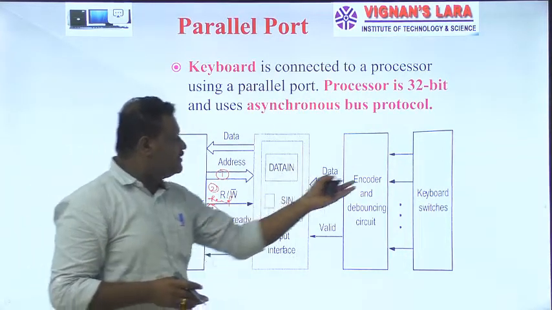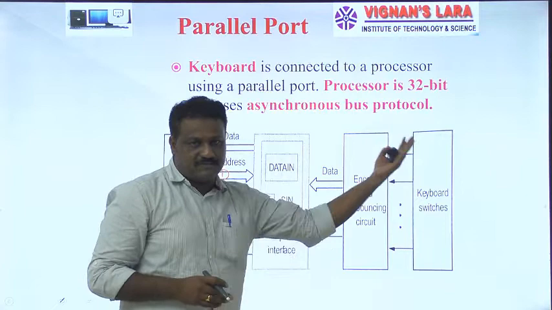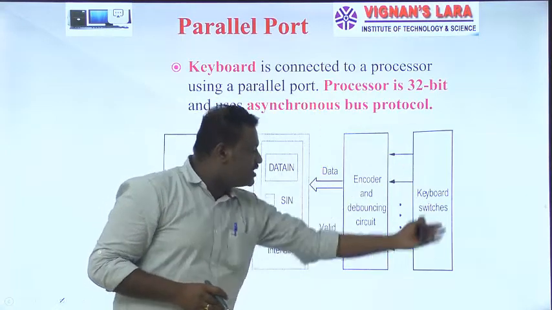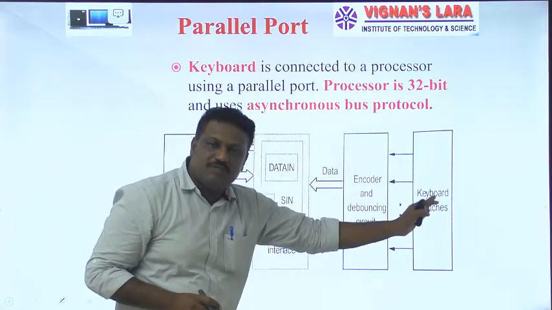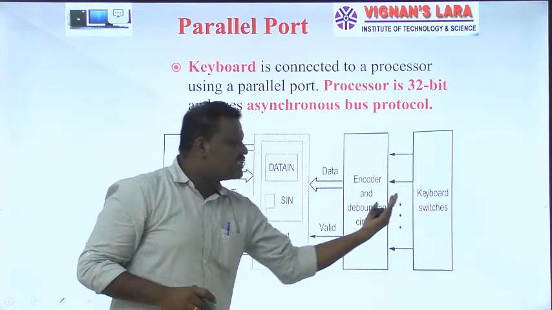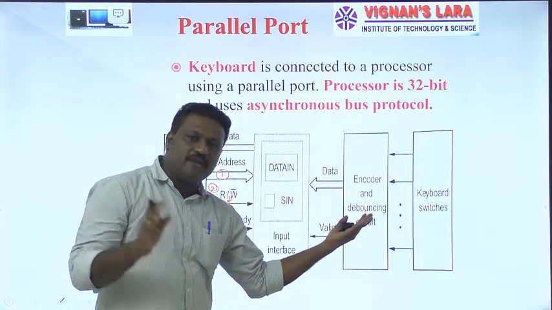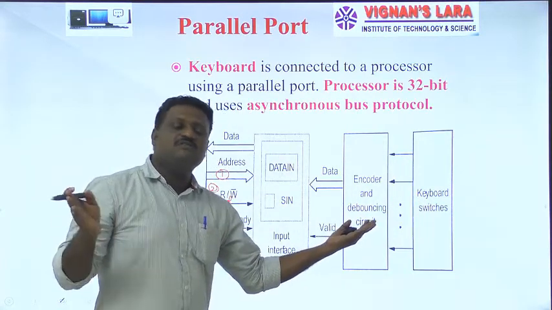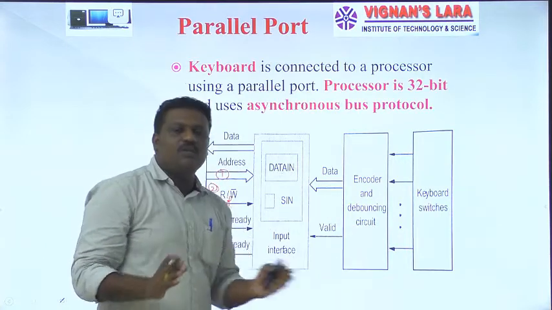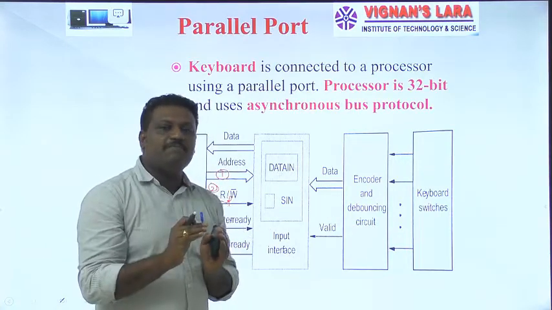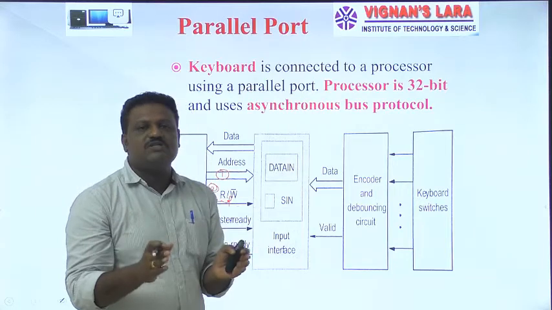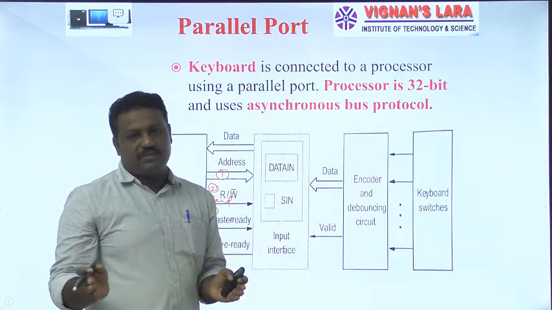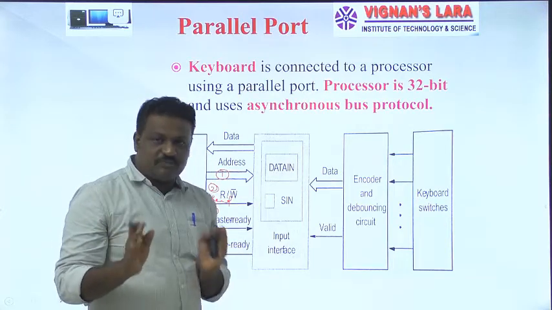Then it will go and gather that information. Once I press any key on this keyboard's switches, no doubt its corresponding information is transferred to an encoder and key debouncing circuit. It will generate the equivalent ASCII code for the pressed key, and it also suppresses the bounces we get from the pressed key or pressed switch. That's important.